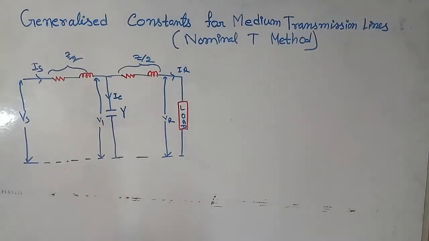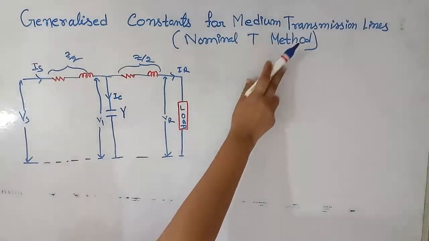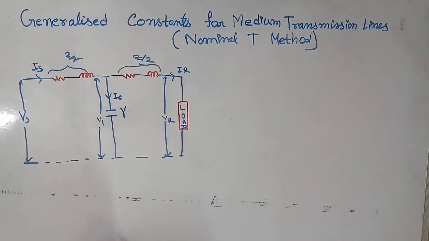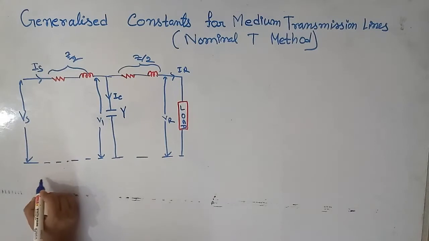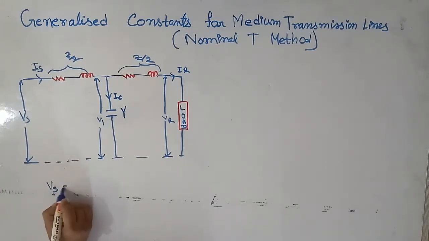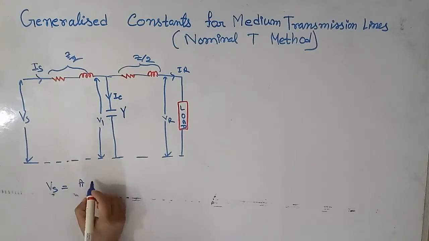Now we derive the expressions for ABCD for medium transmission line for nominal T method. Now first write the sending end voltage and current of the transmission line.